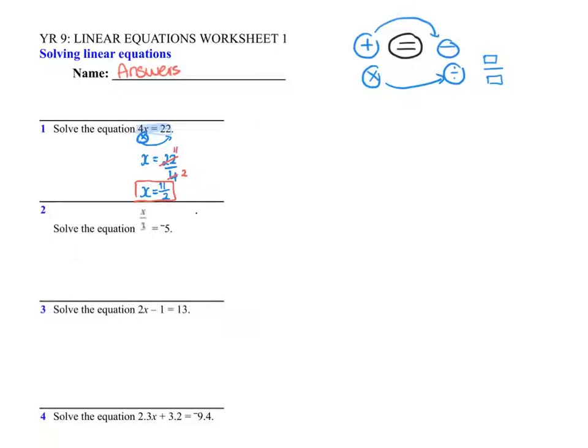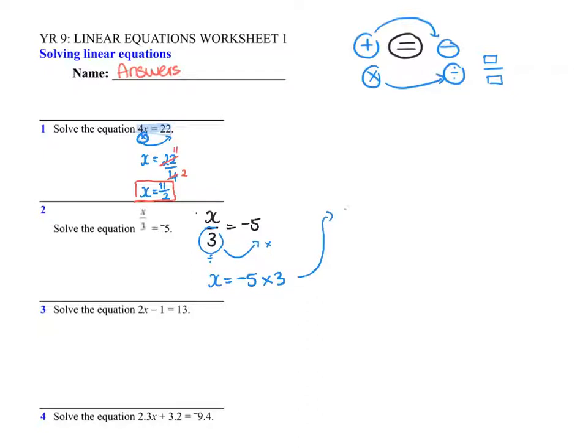Okay, in the next question, it's a bit hard to see, so I'll rewrite it out. So we've got x over 3 equals negative 5. So what is actually happening here is this 3 is dividing here. So if I move it over an equal sign, it's going to do the opposite, which is timesing. So what I essentially have is x equals, now I haven't moved the 5, so negative 5 times 3.